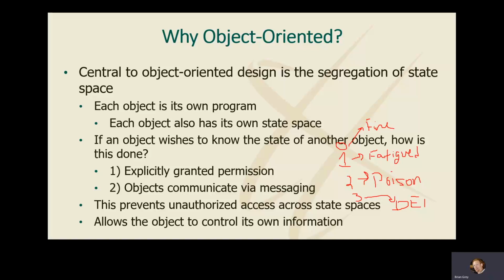But you don't want people to see the numbers. You want them to see the statuses. So you can store these values internally as numbers, and then when another program says, hey, I need the status, it will spit out, oh, it's a 0, well, I'm going to spit out fine. Hey, it's a 2, I'm going to spit out poisoned. Objects have control of their information, how it's accessed, and how it's returned. This is the central theory to object-oriented programming and design.